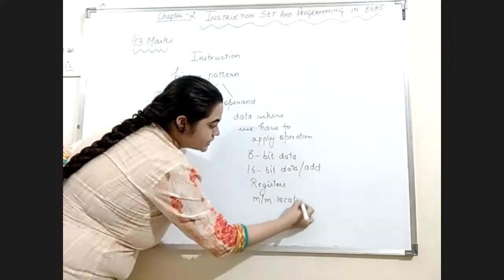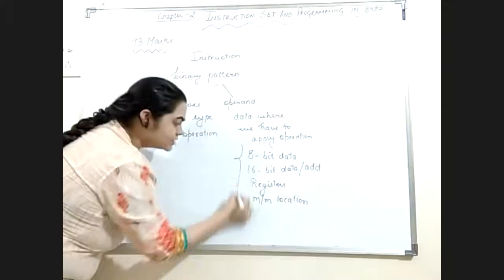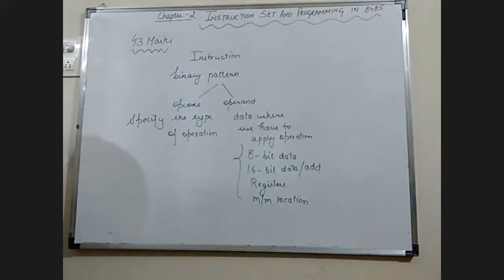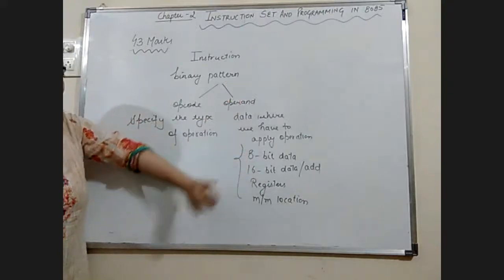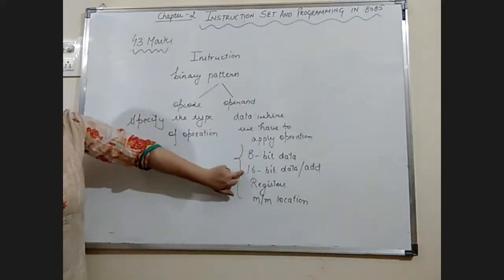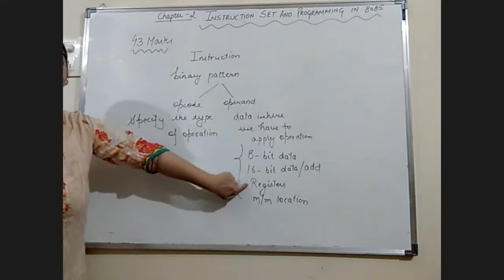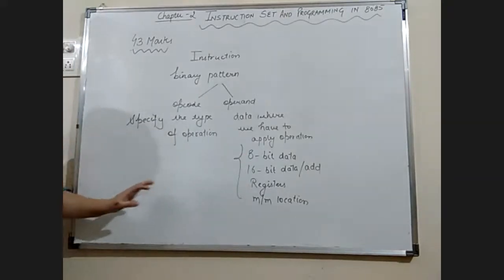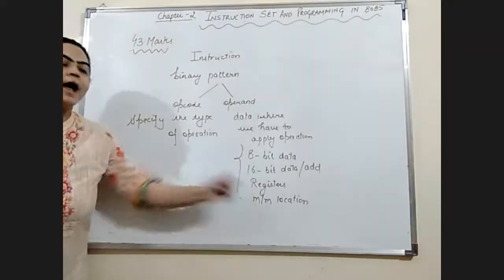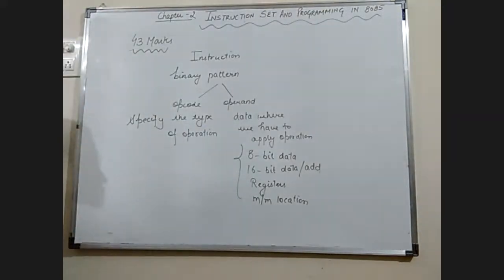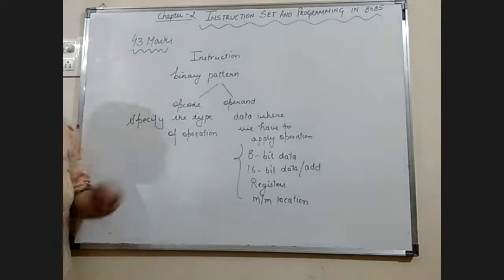That depends upon the different types of addressing modes that we will study later. So operand is either 8-bit data, 16-bit data or an address, a register, any of the general purpose registers, that is A, B, C, D, E, H and L, or any memory location that is pointed by the HL pair.